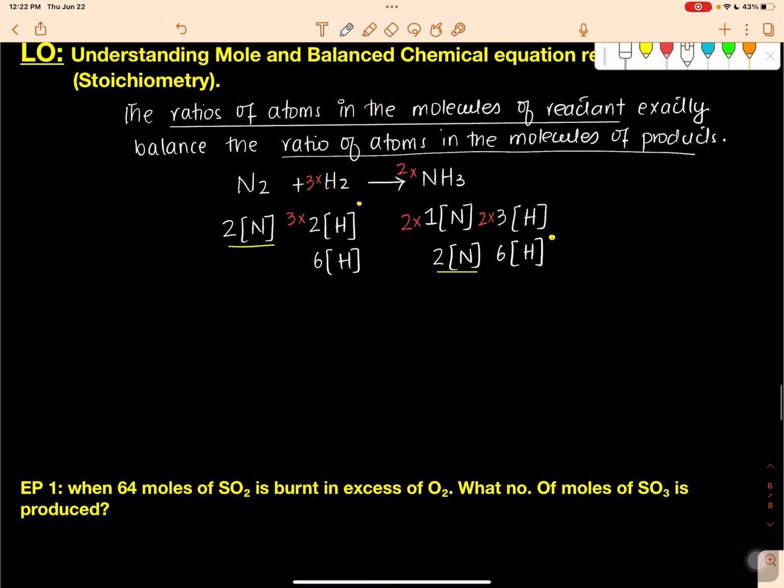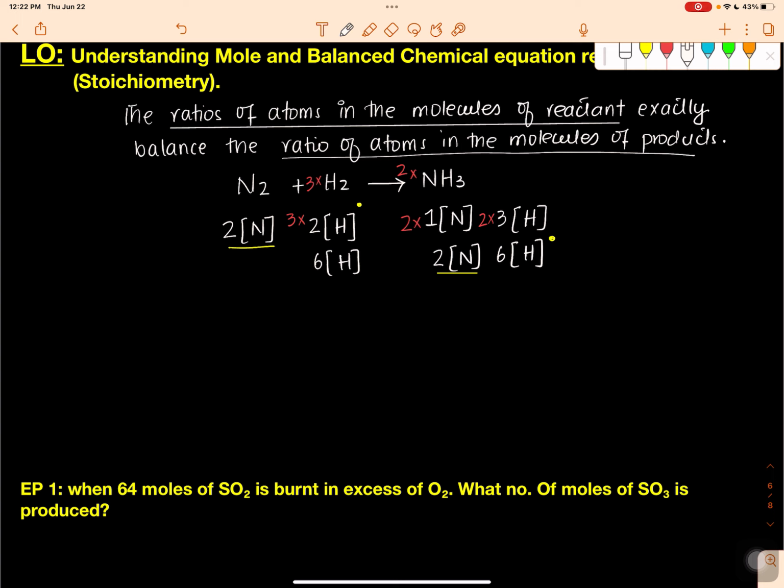My equation will take the shape that nitrogen reacts with 3 parts of hydrogen, which forms 2 parts of ammonia. These are the coefficients that we place next to hydrogen or ammonia, and they make the moles.